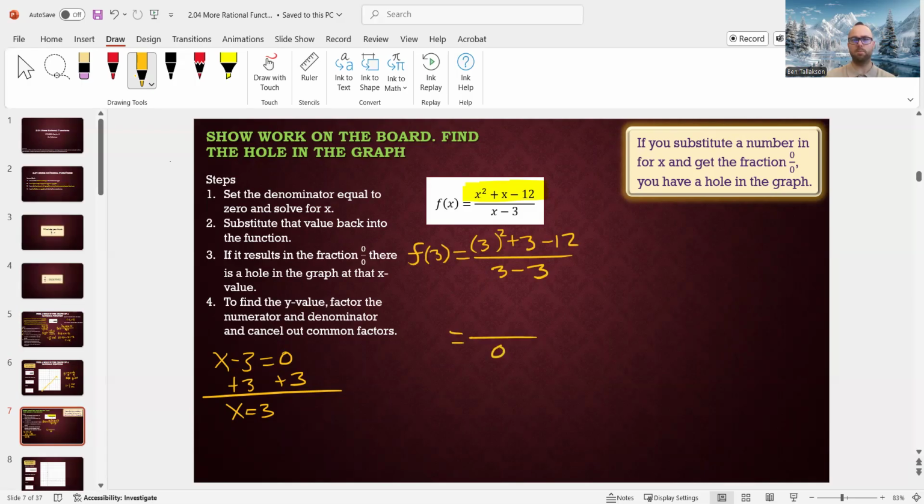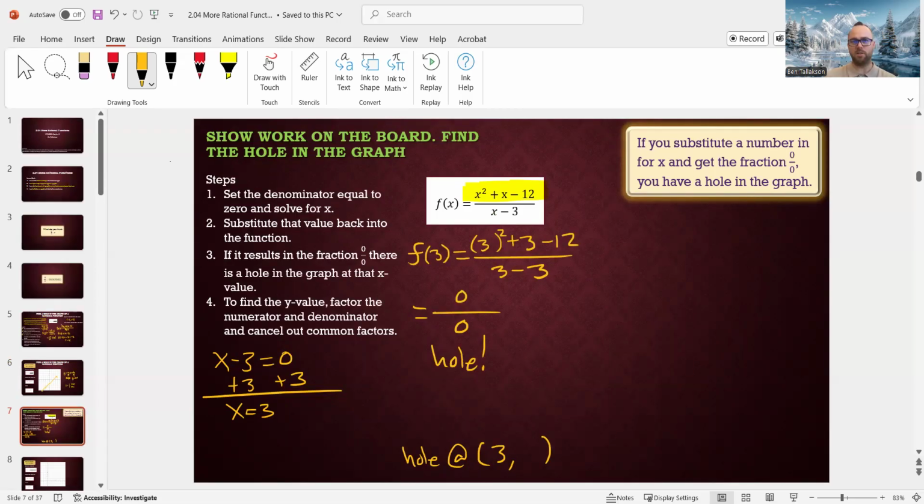We're going to get 9 plus 3, that's 12. 12 minus 12 is 0. There is a hole. Once again, okay, there is a hole, and so I'm just going to write down here, hole at which point? Well, we know the x value is 3, y value is on its way.